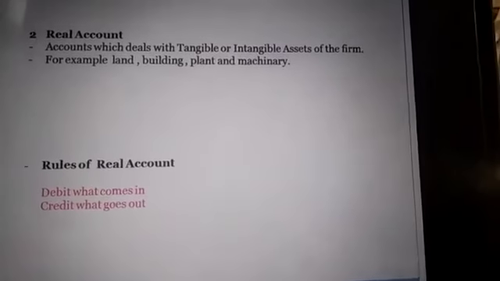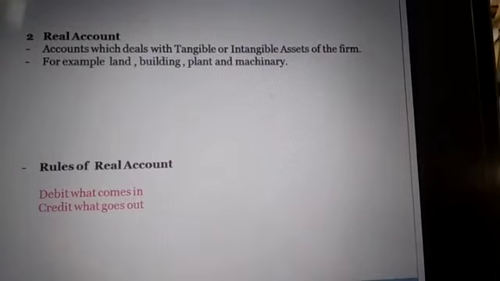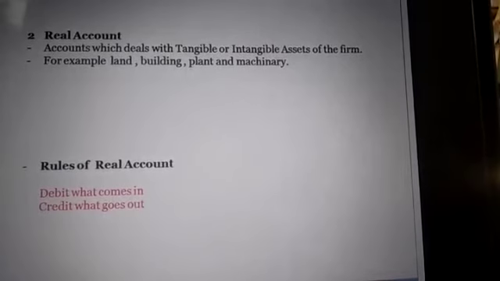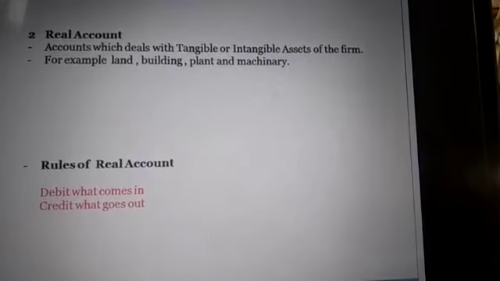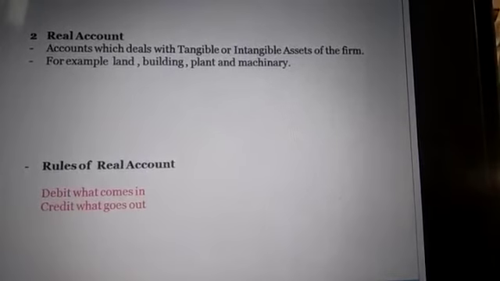Okay, moving to next, real account. Real accounts deal with tangible or intangible assets of the firm. What is tangible? Tangible assets are those which can be seen and touched, like table, furniture. And intangible are those which cannot be seen and touched, like the software of your laptop or computer.